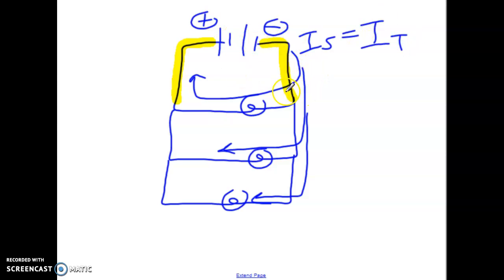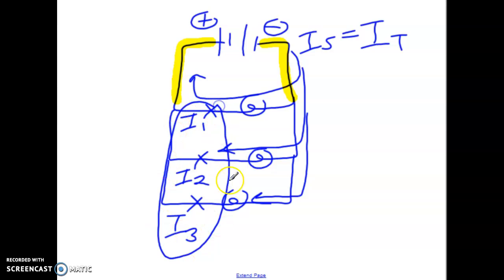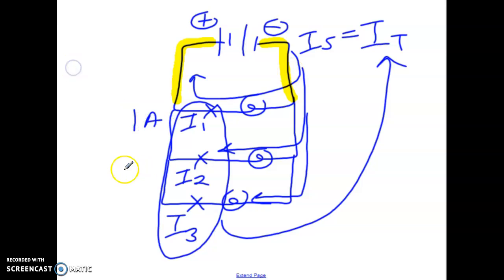At the different locations, maybe I have I1, I2, I3, and these all together must equal this, because all of the pathways individually should add up to whatever it is when they are all together. So if I have 1 amp, then 2 amps, and then another 1 amp, all together on this highlighted portion it should be 4 amps.